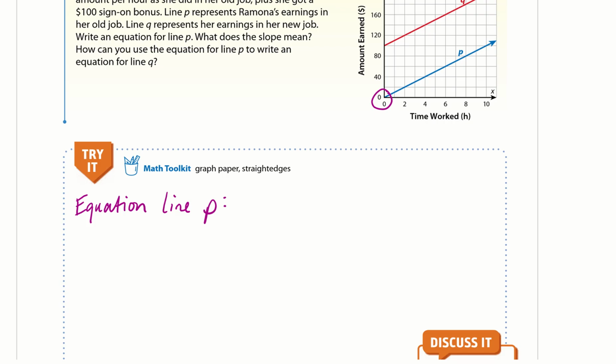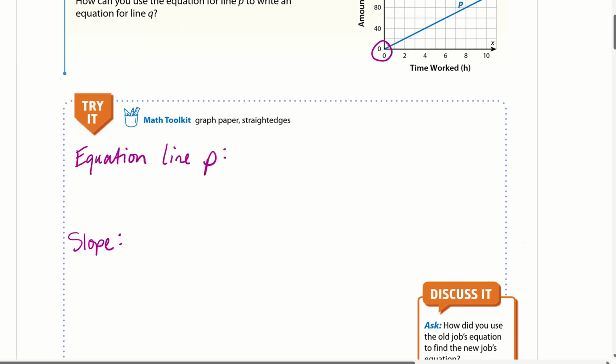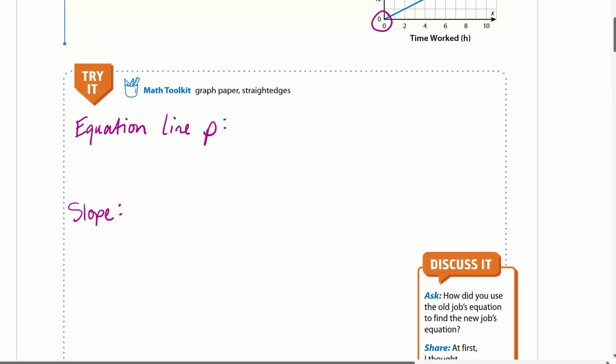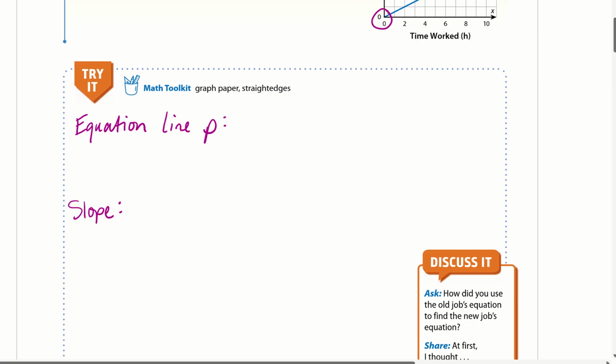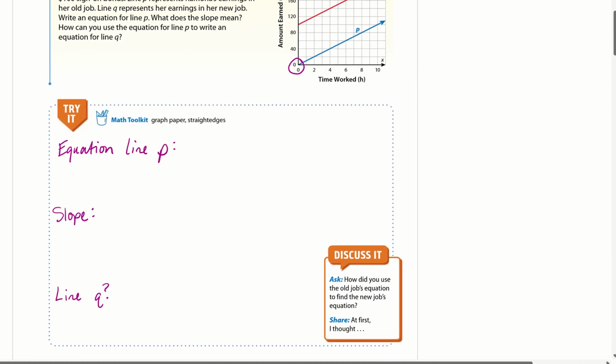You need to tell what the slope is, and I'd like to know what it means as well. And then the last part, how can you use the equation for line P to write an equation for line Q? So I'm just going to put line Q here. Okay, so those are the three things you need to do on this page.